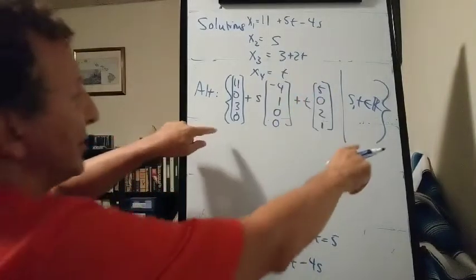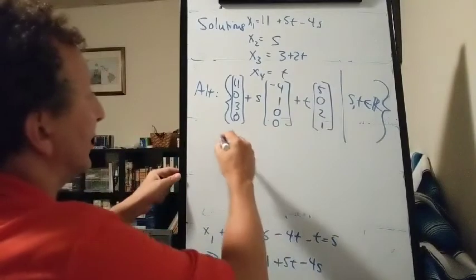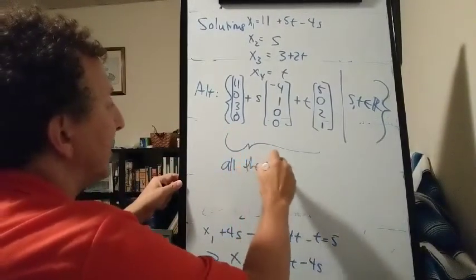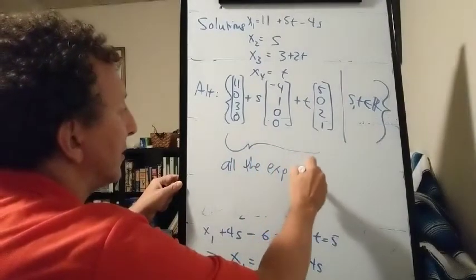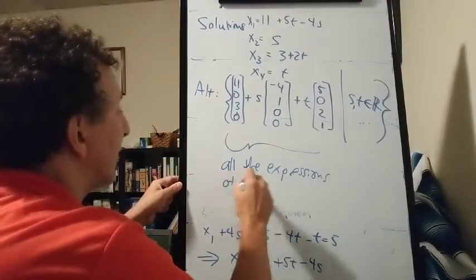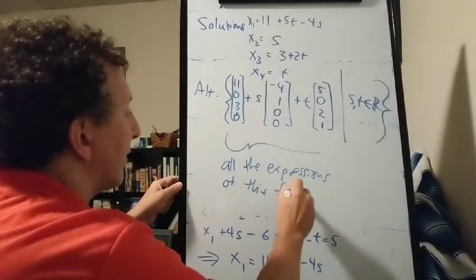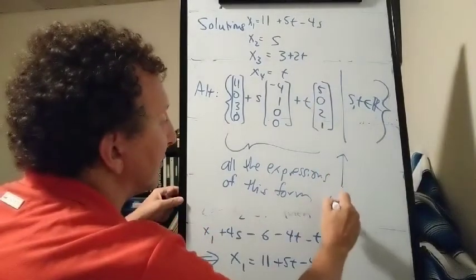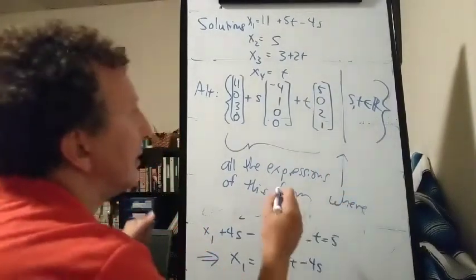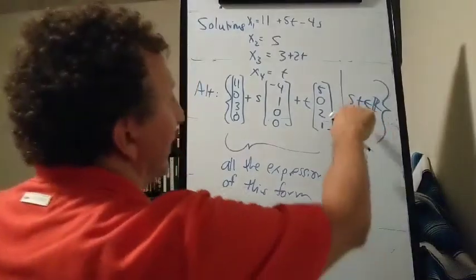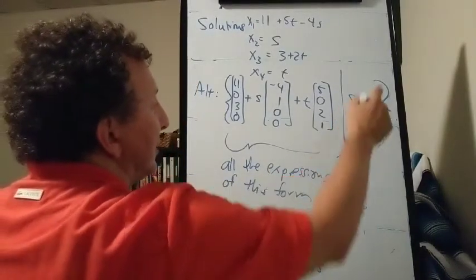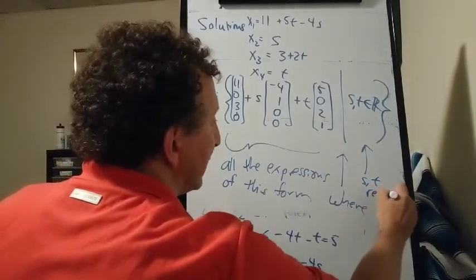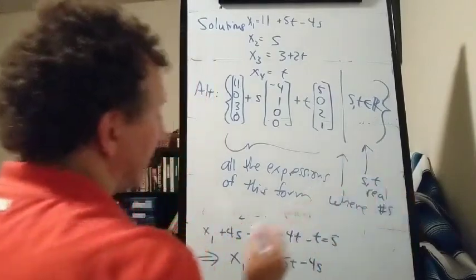So I've written this in set notation with the set braces, and that means that all the expressions of this form, and then that long vertical line means where, and s and t in the real numbers means s and t are real numbers.